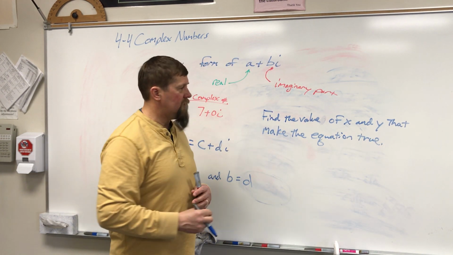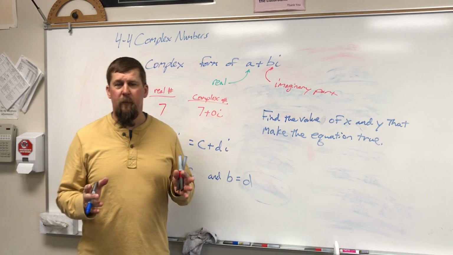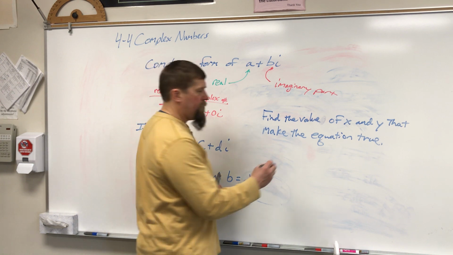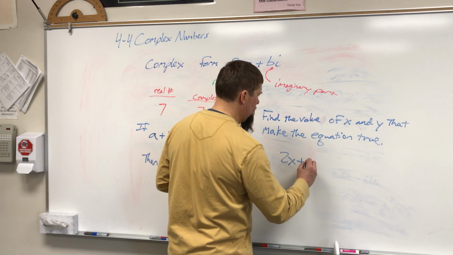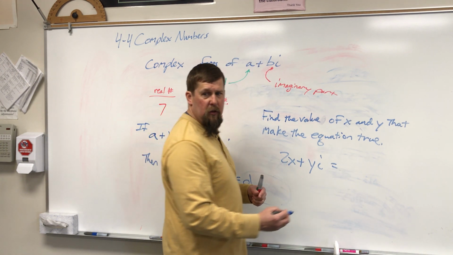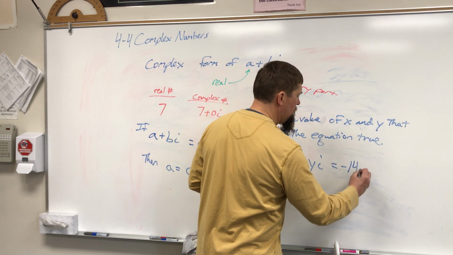And so what they're going to do is give you two complex numbers, one with variables in it and one without. So for example, they have 2x plus yi is equal to negative 14 minus 3i.